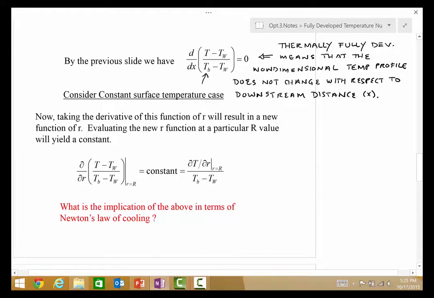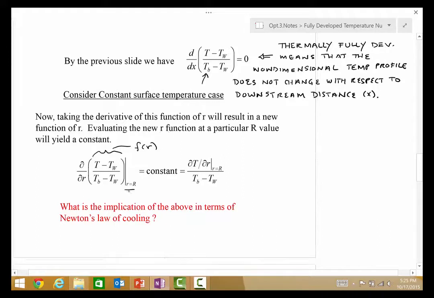Now, I say consider the constant surface temperature case. This is true for both constant surface temperature and constant heat flux. So we're going to talk about this for the constant surface temperature case, but it is much more general. If we take the derivative of T minus TW over TB minus TW with respect to r, this non-dimensional temperature that is not dependent on x, this thing is just a function of r.